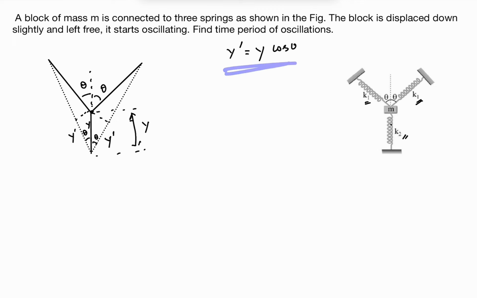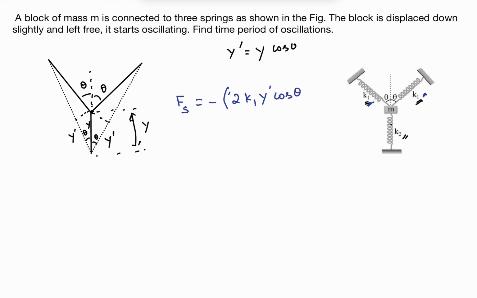The next step is to find the restoring force. The net restoring force will be minus, and since K1 is there 2 times, I am putting 2: 2 times K1 y dash, and I need only the cos component, so I am putting cos theta.